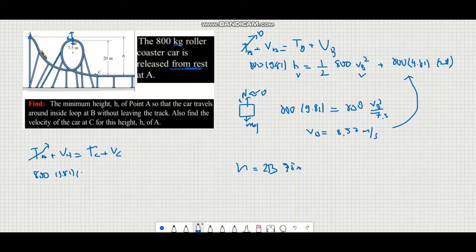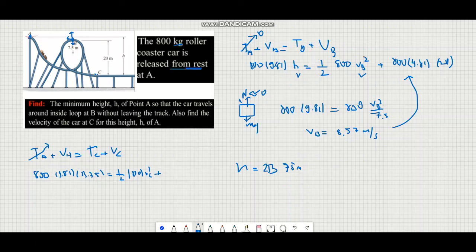Let's plug here. 23.75 is equal to 1/2 mv square, which is 800 multiplied by VC square, plus 0, right? We don't have any more potential at this point.